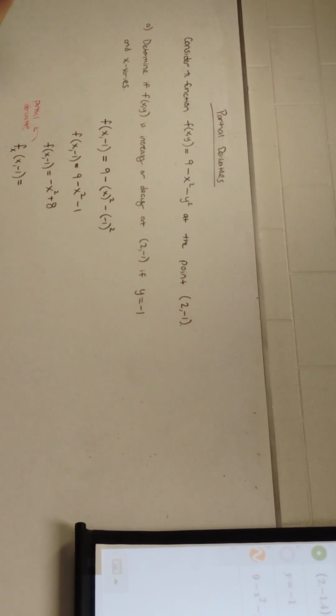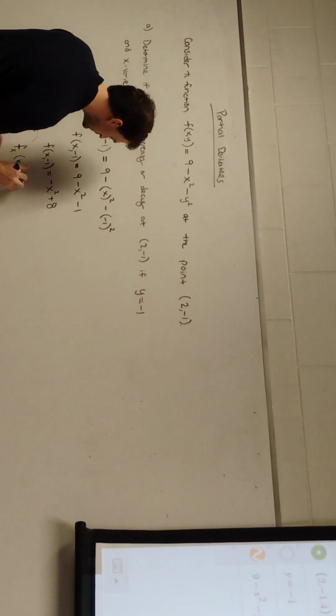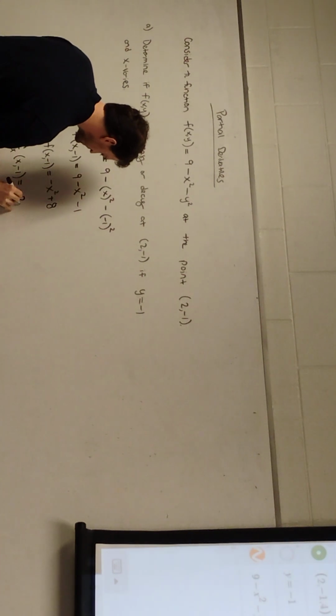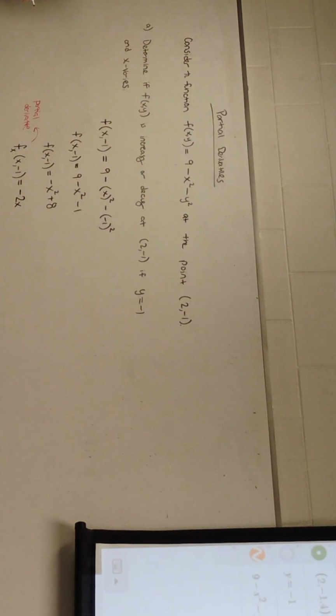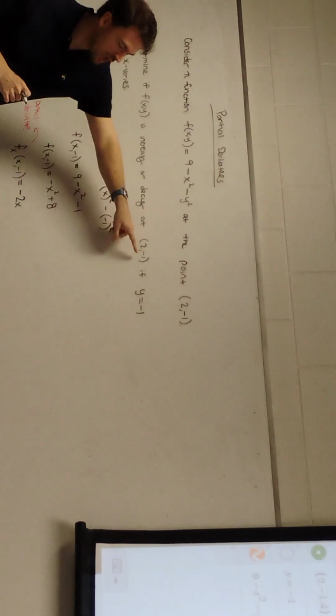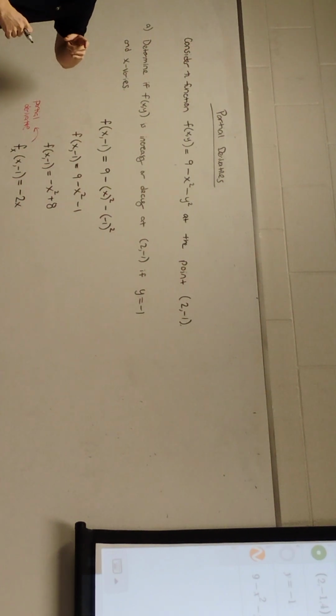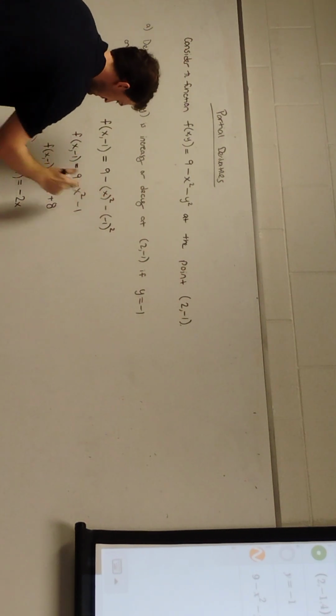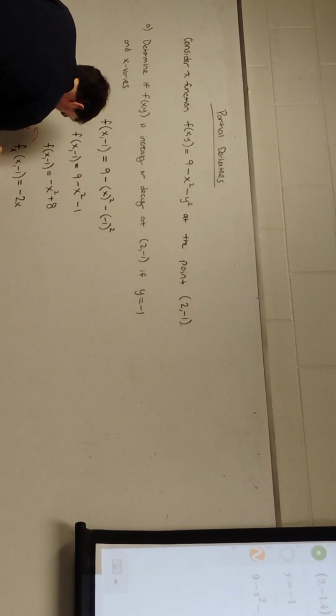And now I'm going to take the derivative, like normal, it's negative 2x. And if I wanted to know what was happening at the point 2 comma negative 1, then now I can plug in x being 2.